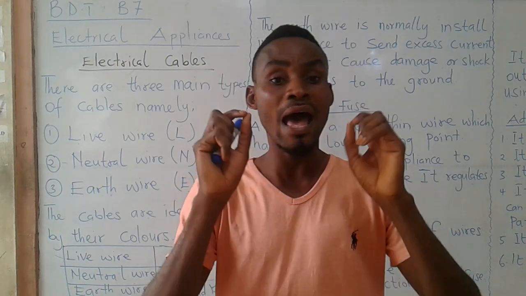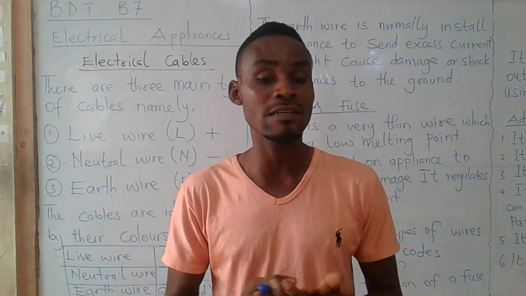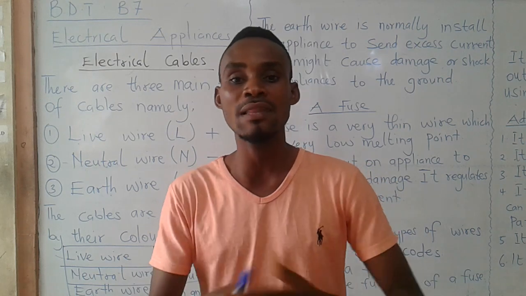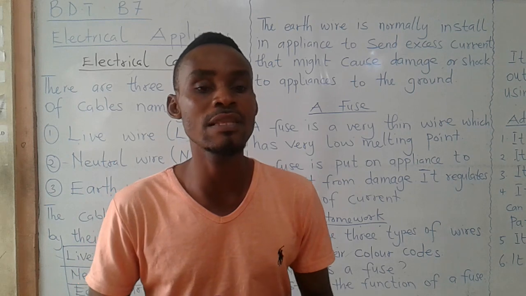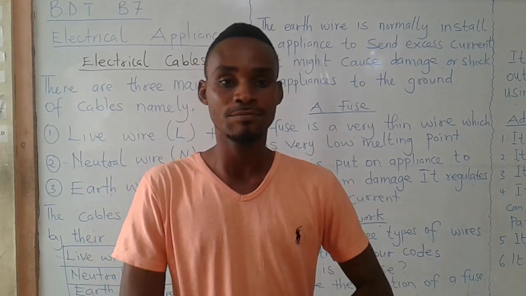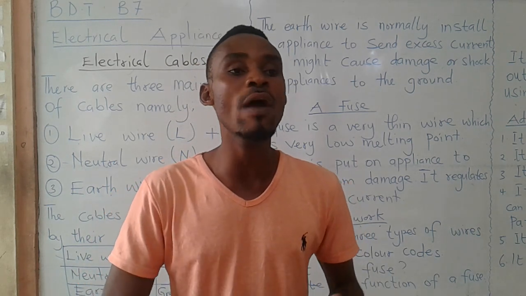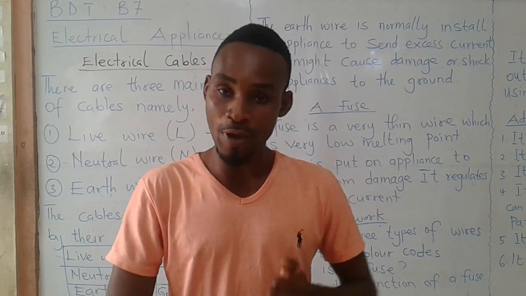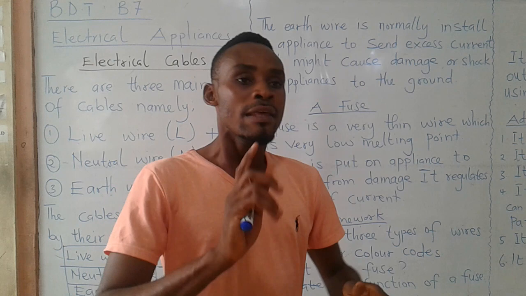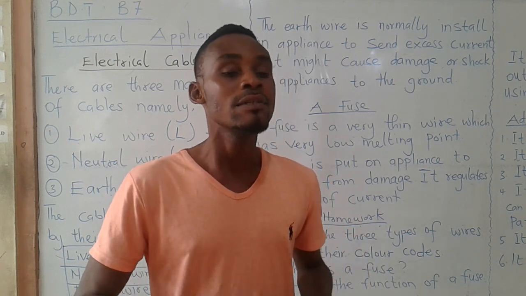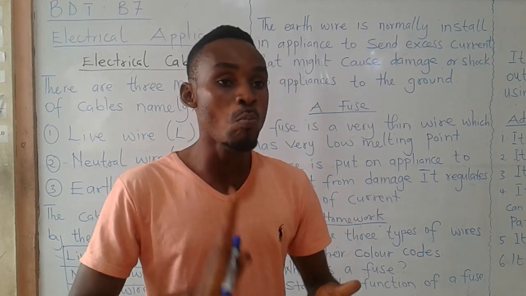Now, cables are identified by their colors. Basically, let us look at the colors used for these electrical wires. When you take live wire, any wire which is brown or red is live wire. When you take neutral wire, it's always blue.